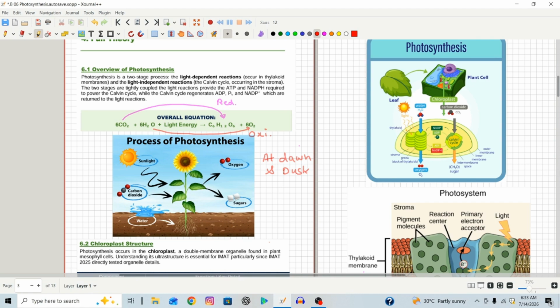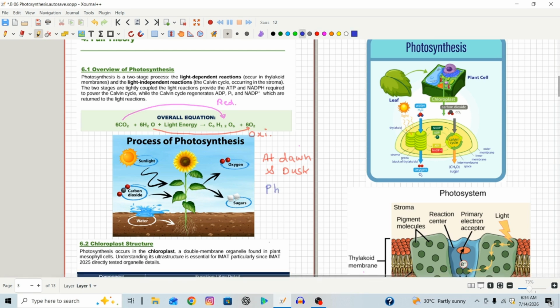Thus the oxygen released from photosynthesis is just what is required for cellular respiration, and the carbon dioxide released by respiration is just equal to the quantity required by photosynthesis. The oxygen released from photosynthesis will be used by respiration, and the carbon dioxide released by respiration would be used for photosynthesis, and both of them become equal to each other.